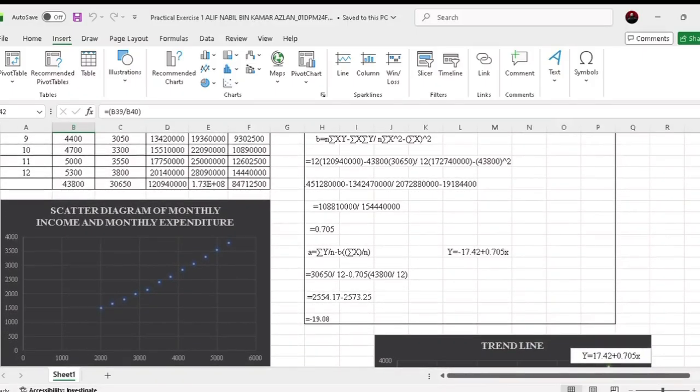Now we must find the value of a, where the formula is sum y divided by n, minus b in bracket sum x divided by n. Put the values inside the formula, and we get the value of a, which is negative 19.08. From that we can make an equation of y, and it is y equal to negative 17.42 plus 0.705x.